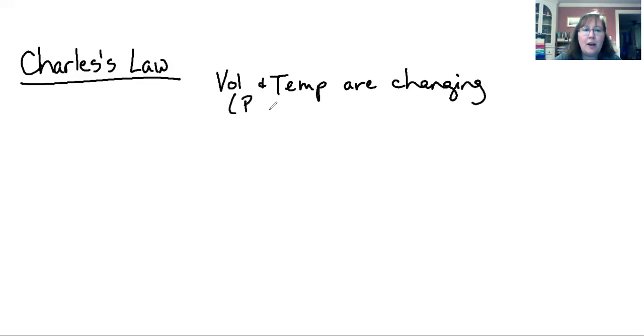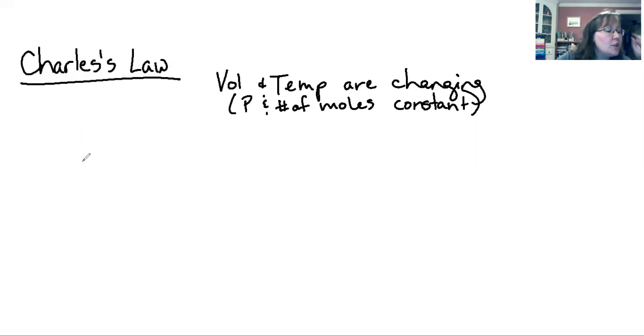That means pressure and number of moles are constant. When we say number of moles, we really just mean quantity. We mean that we have a sealed system and none of our gas is escaping and no additional gas is entering.